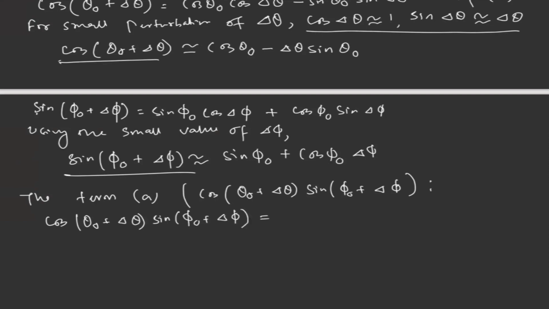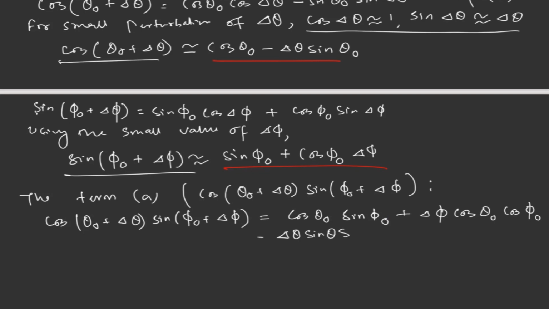If you multiply both these expressions, we can come up with cos theta naught sine phi naught plus delta phi cos theta naught cos phi naught minus delta theta sine theta naught sine phi naught minus delta theta delta phi sine theta naught cos phi naught. So these are the values for term A.